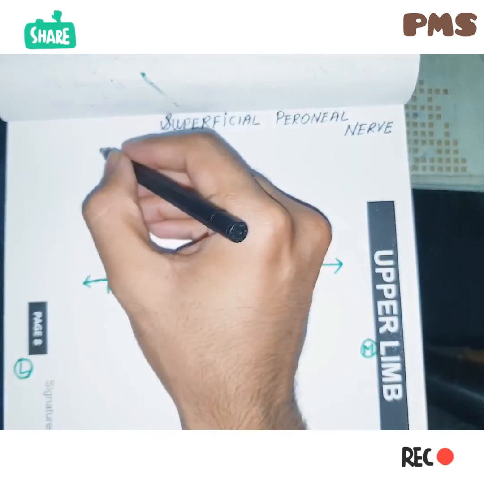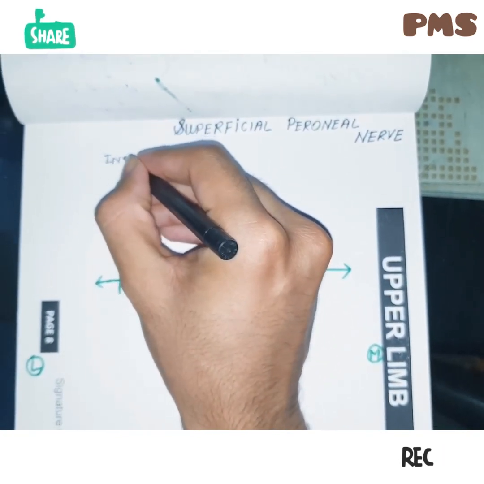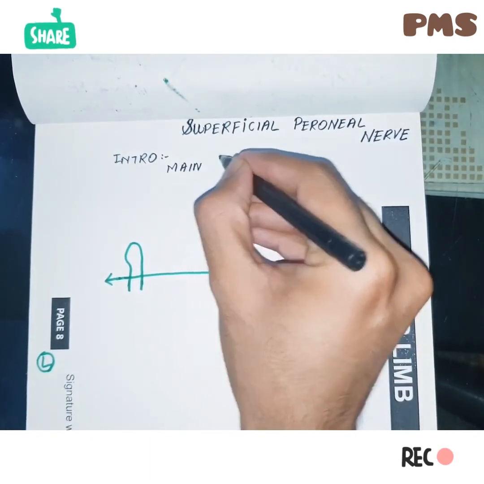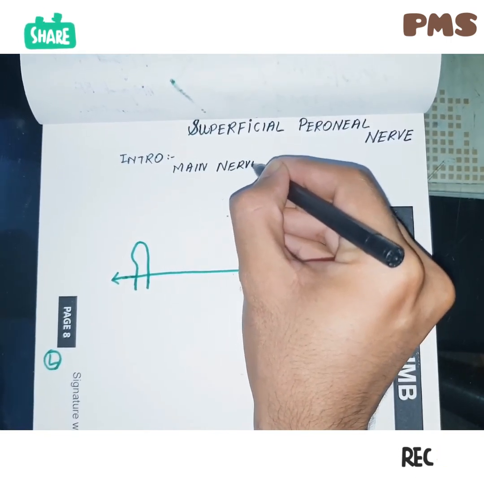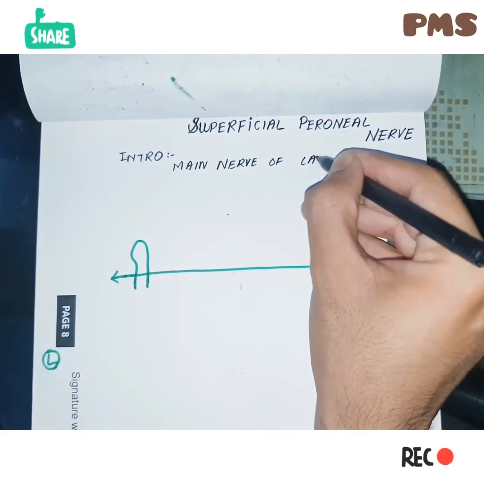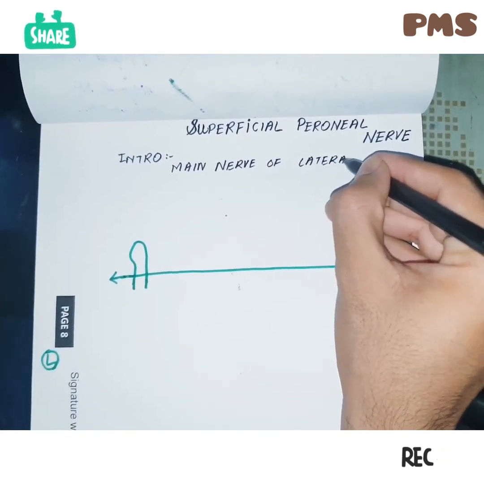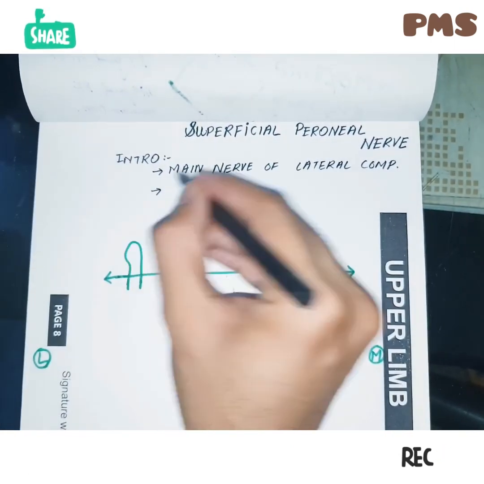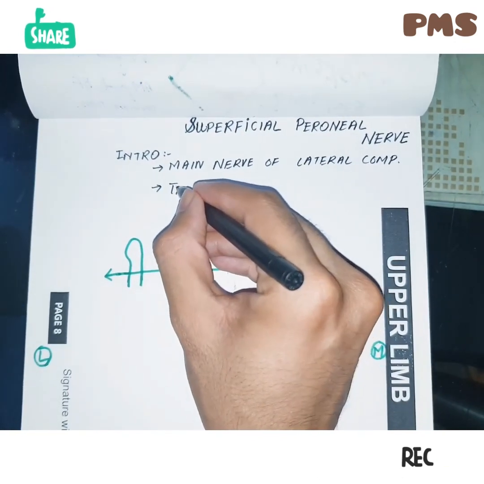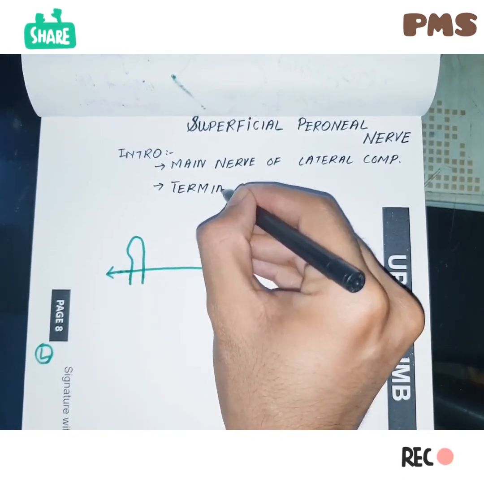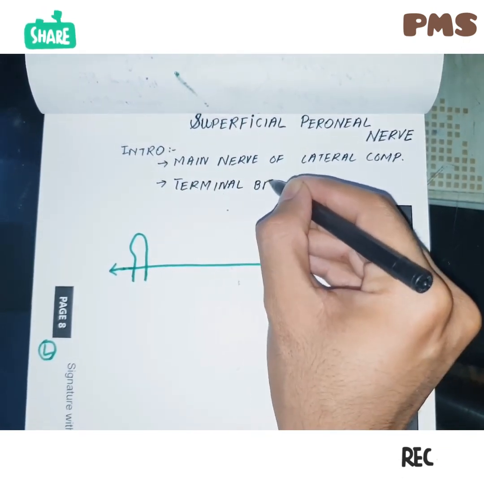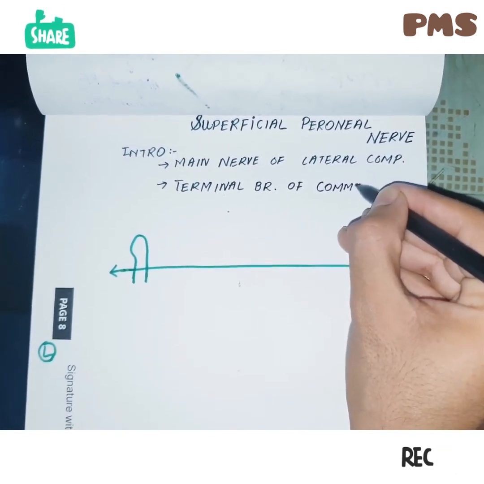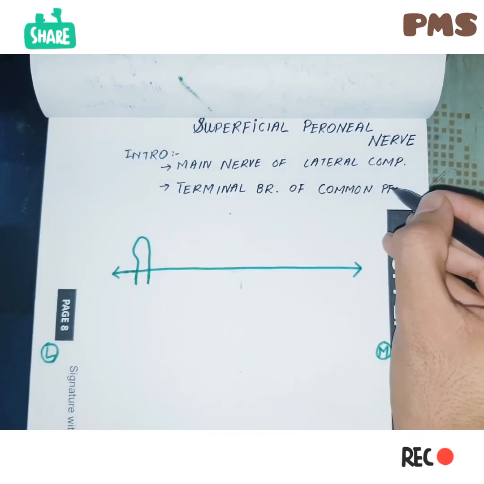So what is the first point in the introduction? It is the main nerve of the lateral compartment, and the second point is it is the terminal branch of the common peroneal nerve.